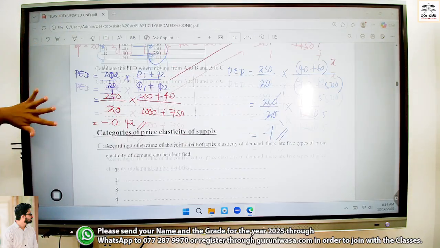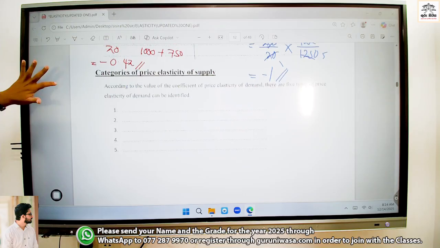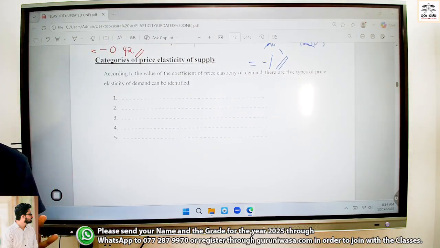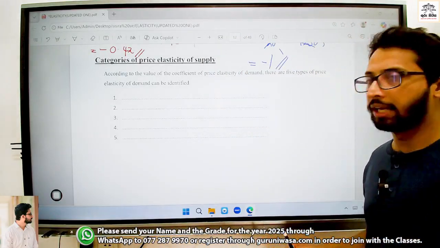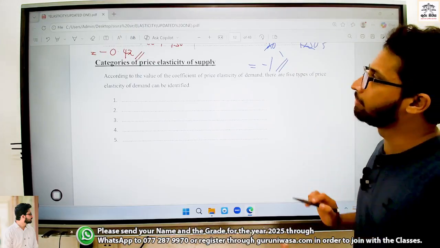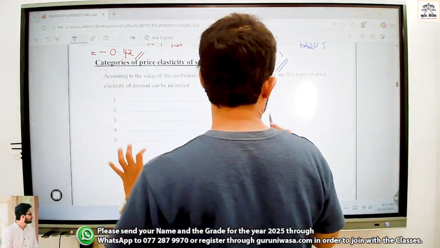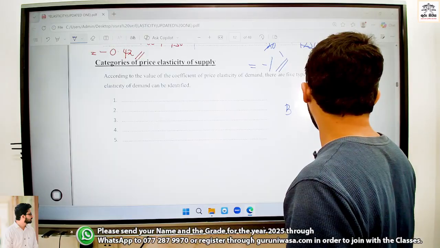Okay. Next one, categories of this very important lesson. Categories of price elasticity. Now you know how to calculate the value of PED. This value of PED is called the coefficient of price elasticity. For example, when calculating PED from point B to C, how much is the PED value?